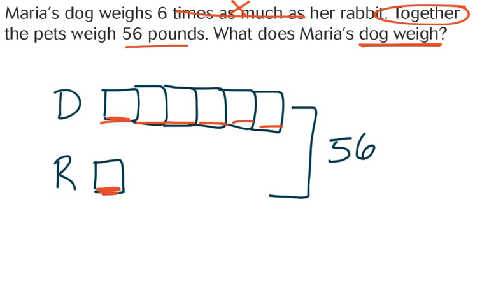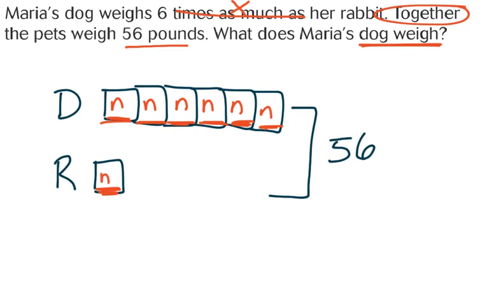All of these boxes, just like in our last lessons, represent the same amount. But we're not sure what that amount is. So right now what we're going to do is we're going to put n's in there. These are our missing values. This is the unknown value, n.